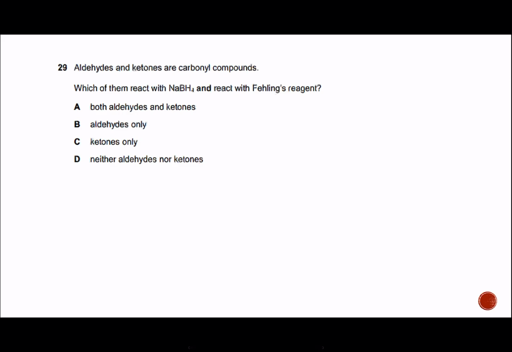And the final question, aldehydes and ketones are carbonyl compounds. Which of them react with NaBH4 and with Fehling's reagent? So NaBH4 will reduce both aldehydes and ketones. Fehling's reagent only reacts with, and here it is again, aldehydes.